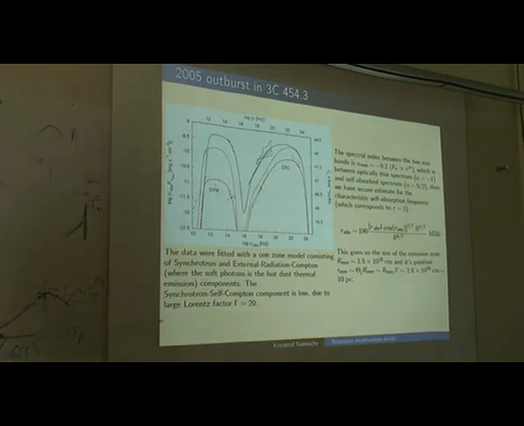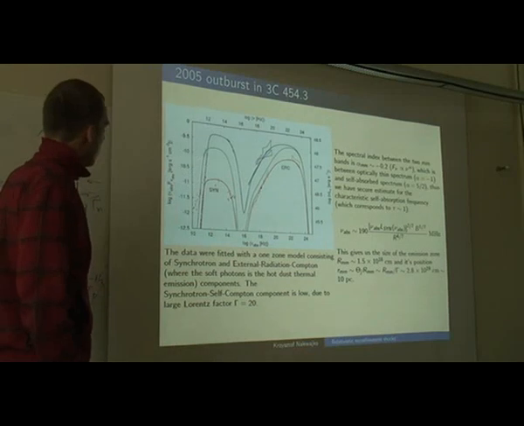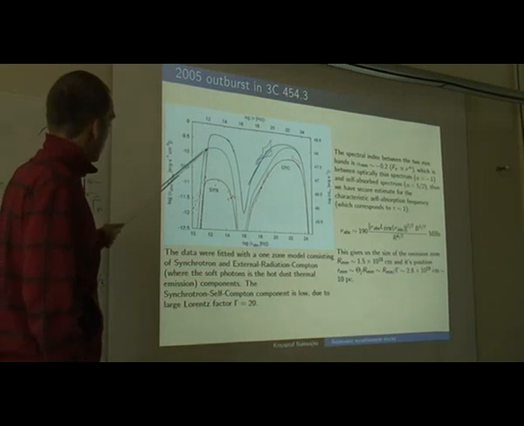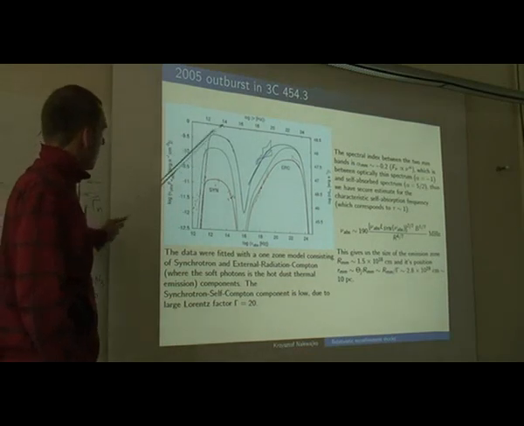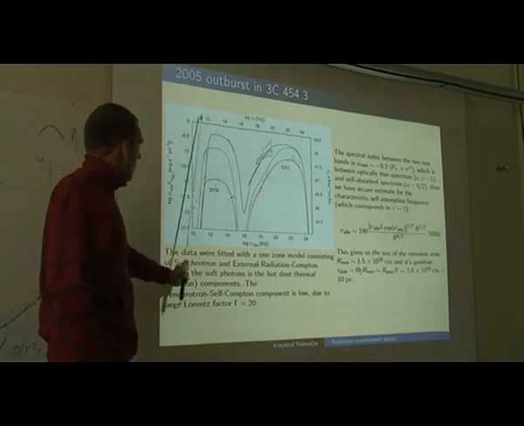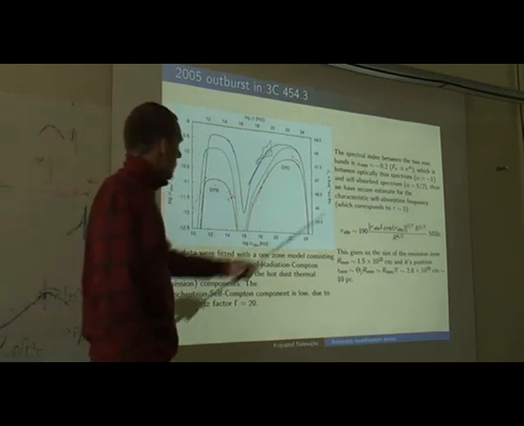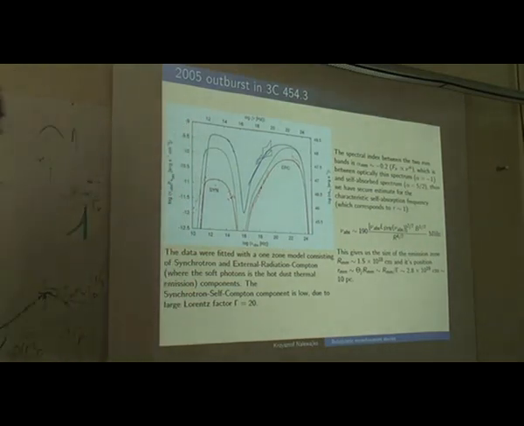And in this picture we can see that the millimeter data show the spectrum average between the flat spectrum of the synchrotron and the absorbed spectrum, which has a spectral index 2.5.